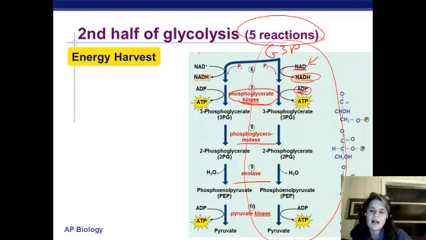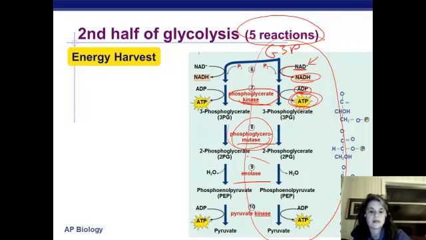So, what is happening here is that we are actually going to get an ATP here. Okay, we're going to take one of the phosphates and stick it onto an ADP molecule.